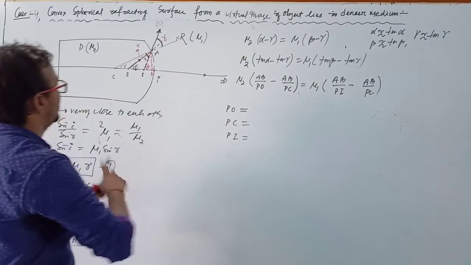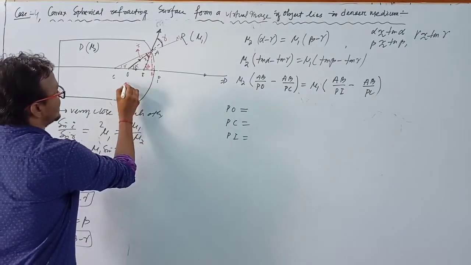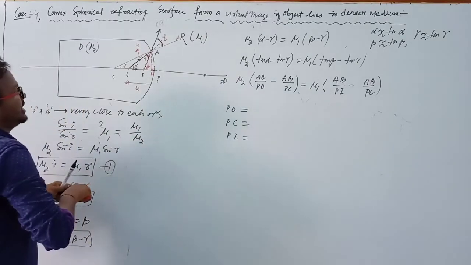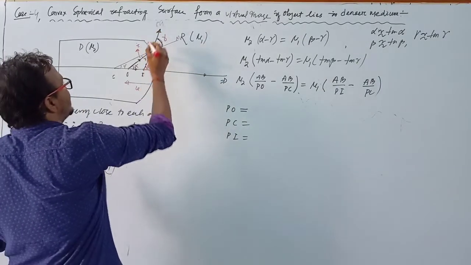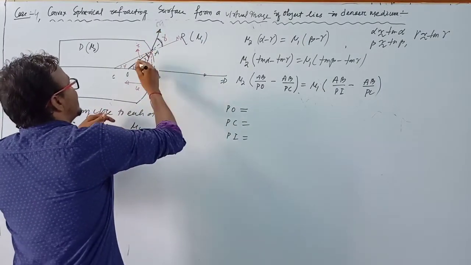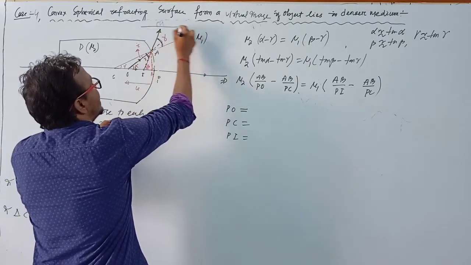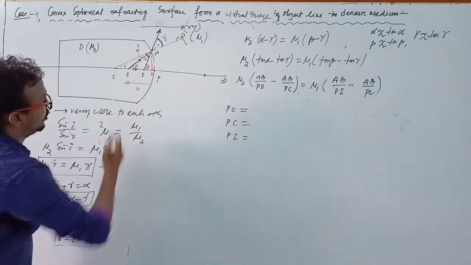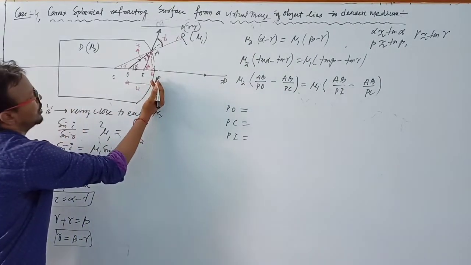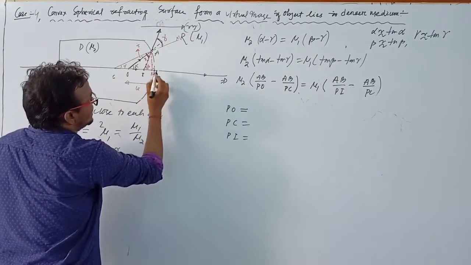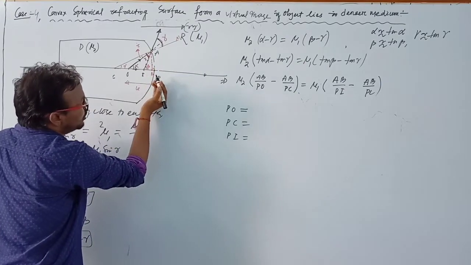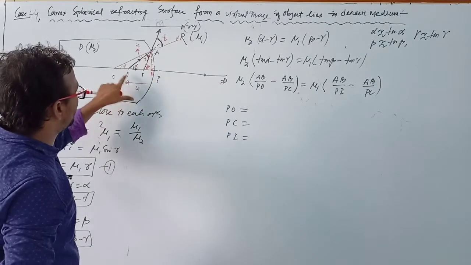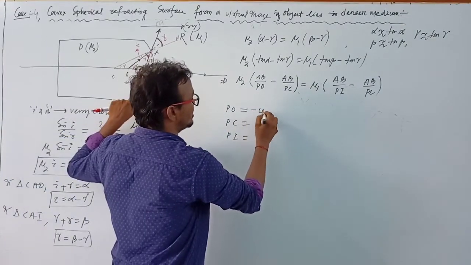What is PO? PO means the object distance, this distance is u. Again PC: the ray of light is traveling in this direction, because this is the incident ray direction. But all distances are measured opposite to the ray, because distances are measured from the pole. So the object distance u, that is PO, is negative, minus u.